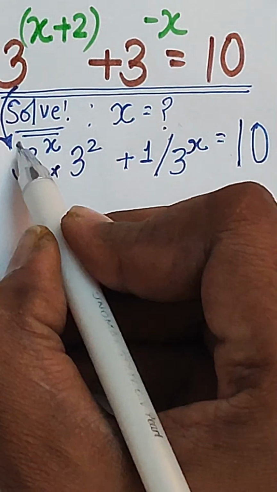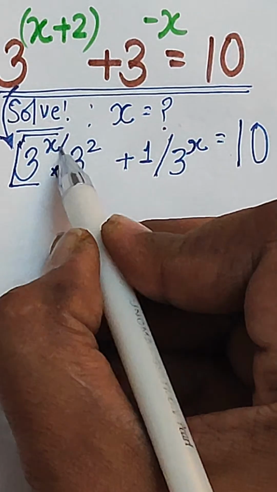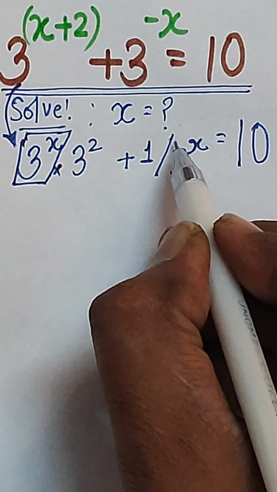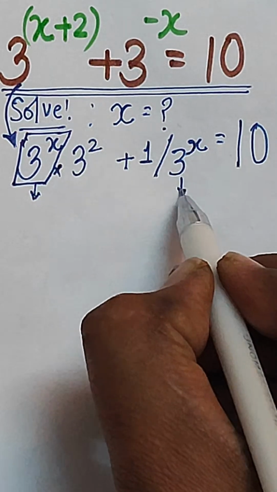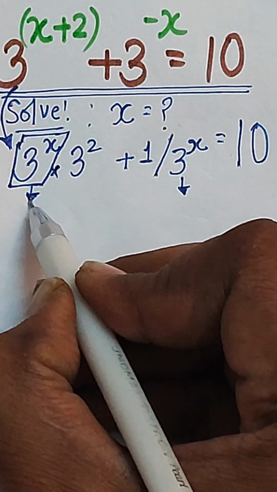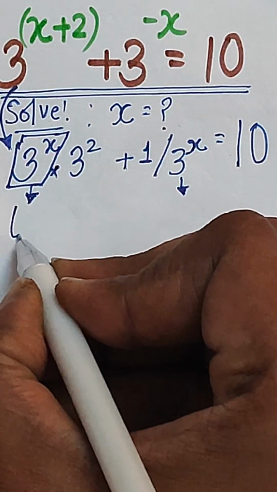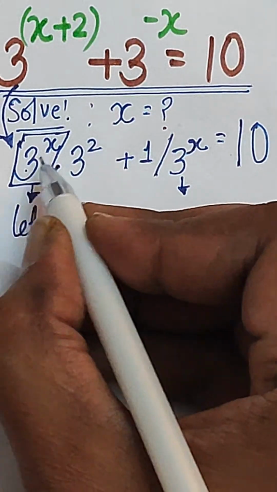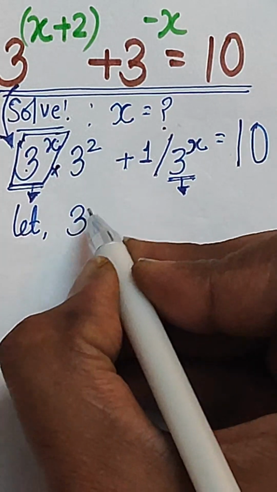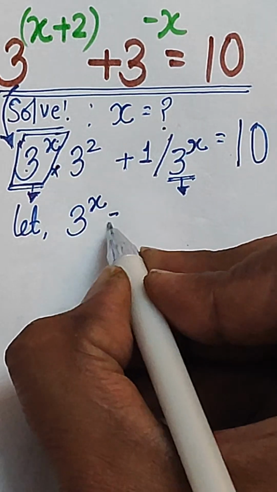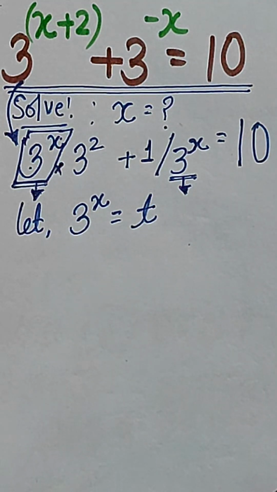Here you can see one term which is common is 3 power x, isn't it? See this 3 power x here and 3 power x here. Both are the same. So let us assume that this 3 power x, which is coming at both places, is equal to t, or any variable you can take, right?